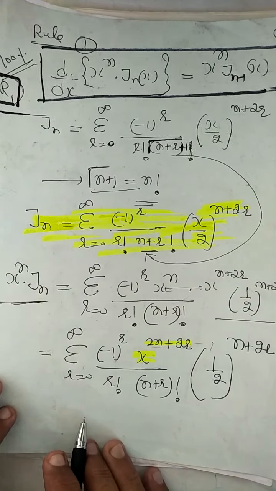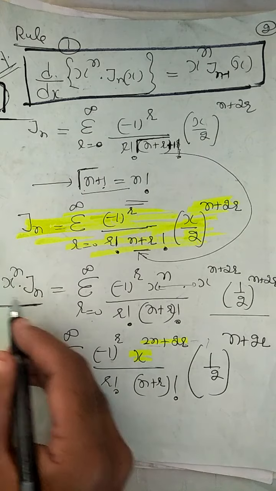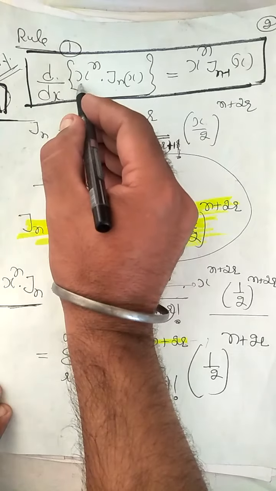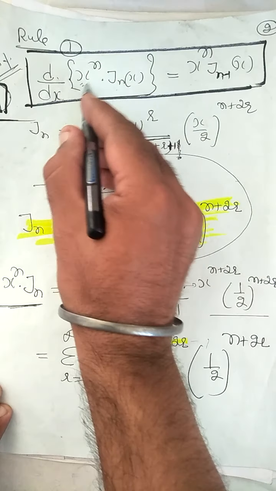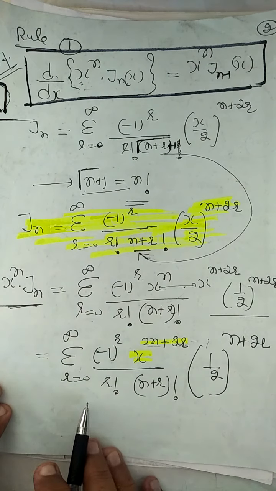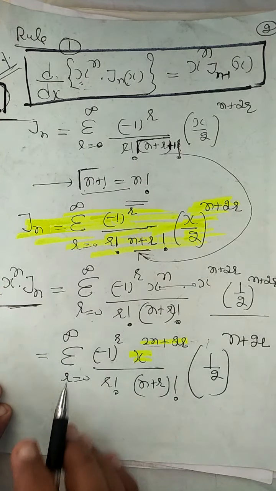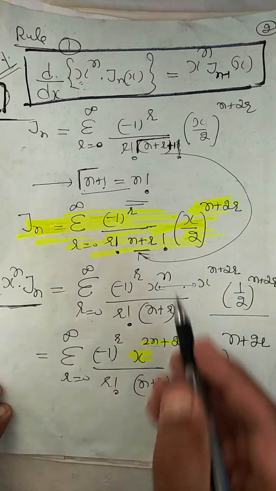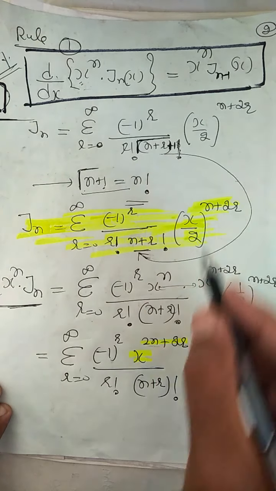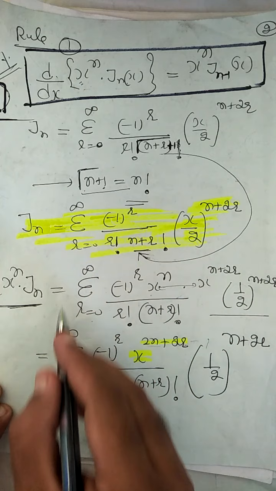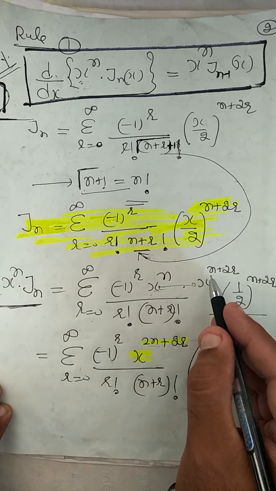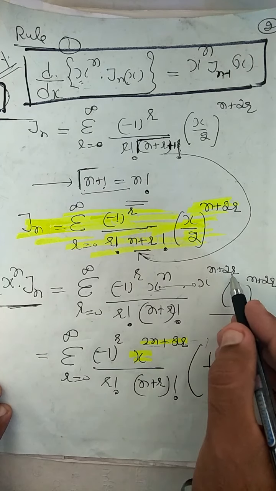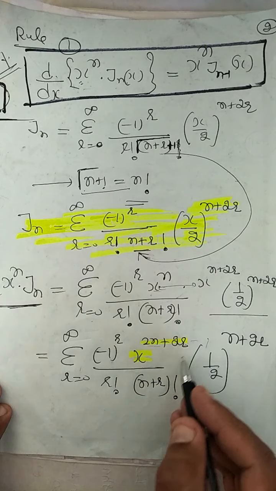Now the requirement of the question is x raised to the power n into Jn. We have to multiply by this and then differentiate. So multiply both sides by x raised to the power n. Here x raised to the power n comes, everything else is the same, the base is the same and the powers are added: 2n plus 2r.